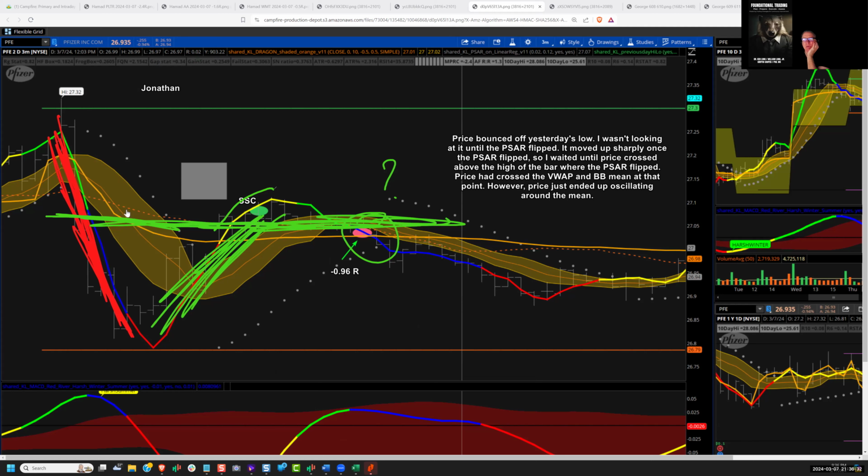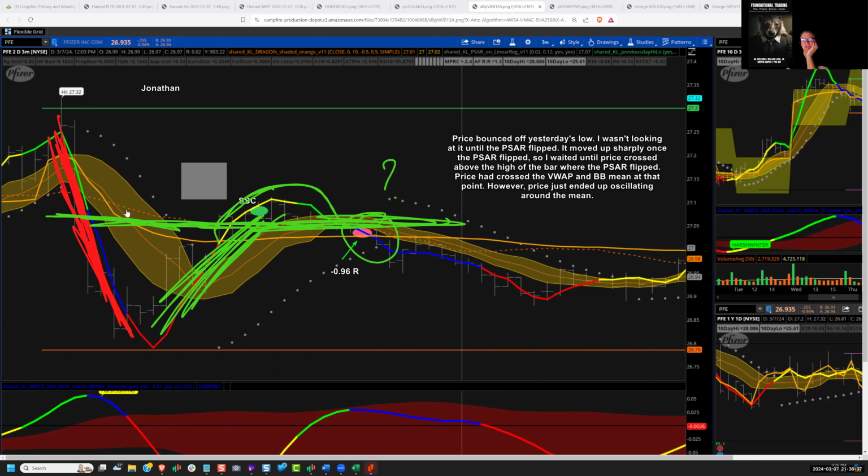And this little thing rolled over fast. It did not stay north of the VWAP very long. So in the battle between the bears and the bulls, the bears are a little bit stronger.